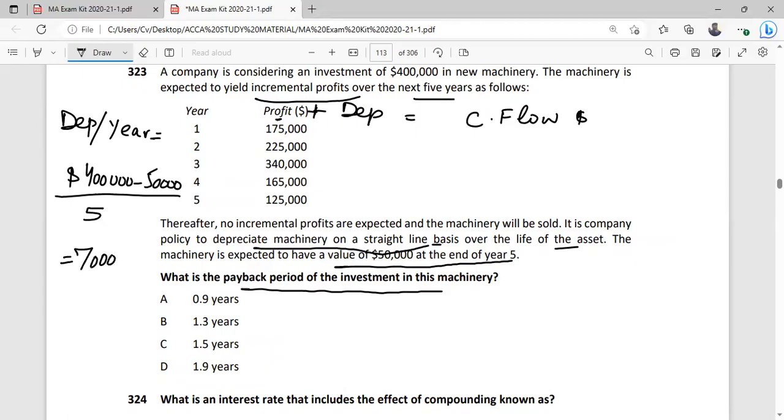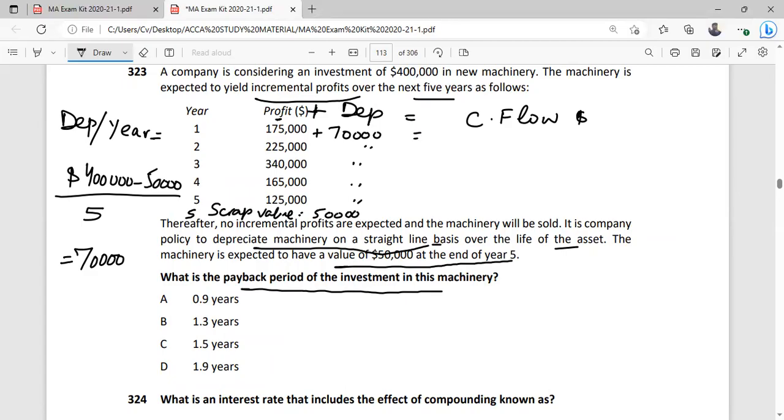So 70,000 per year is the depreciation. So you will add 70,000 in each year as depreciation. In year 5, you will also add scrap value because it's a cash inflow of 50,000.